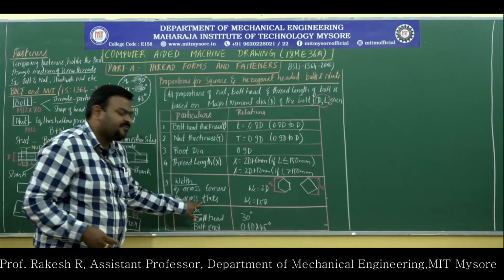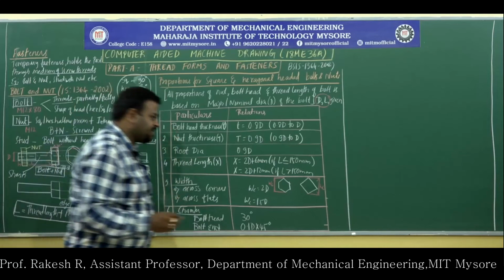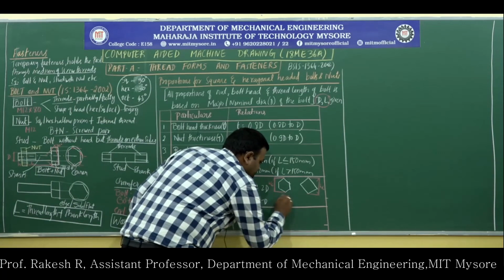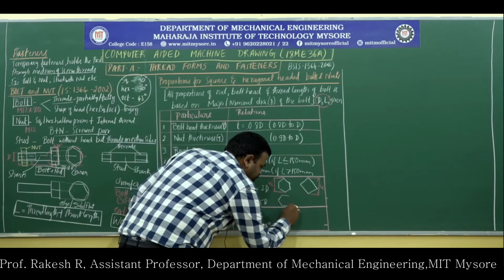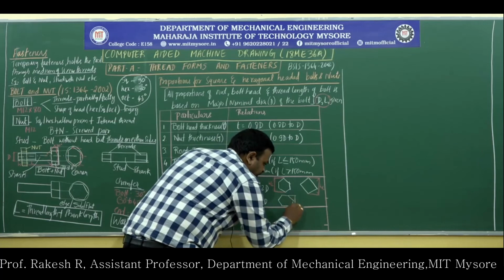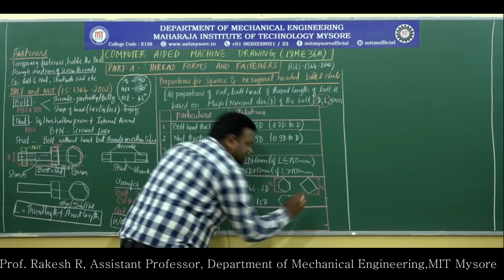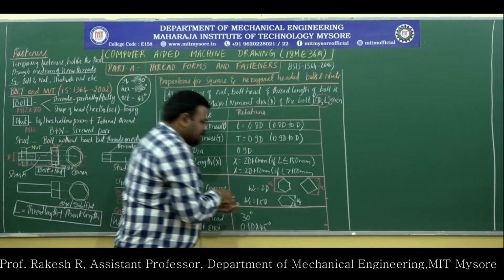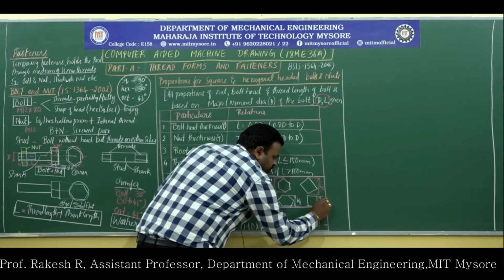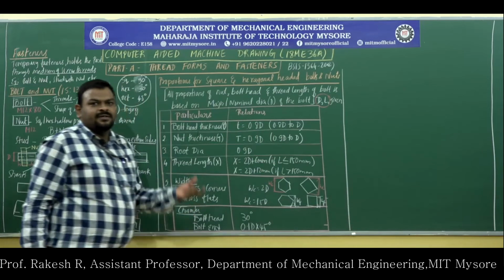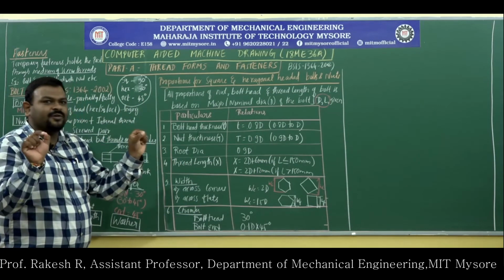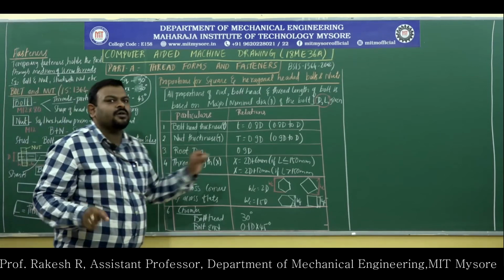Then across flats, the side to side distance. What is the side to side distance of a hexagon? This is a side, and this is the side to side distance, width of the flat. Again the side to side distance for the square, width of the flat. So side to side distance, width of the flat, corner to corner distance, width across the corner.